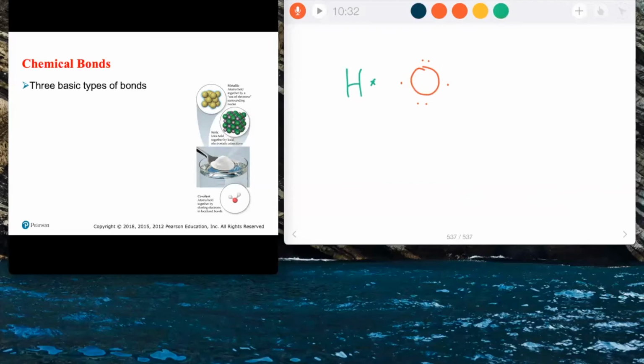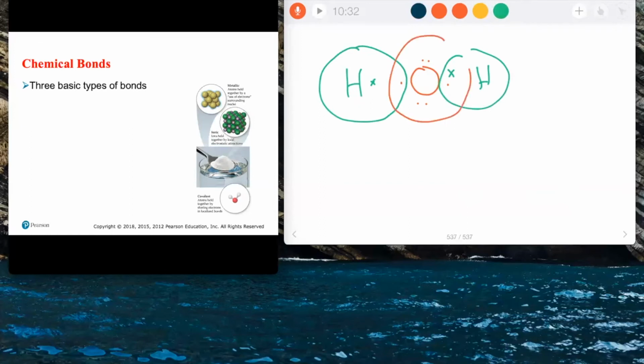And if I have another hydrogen there, there is the sharing of electrons. What I want to illustrate here is the sharing of electron. We'll come back in detail to this illustration, that the sharing of electrons by 2 non-metals leads to what we call the covalent bond.